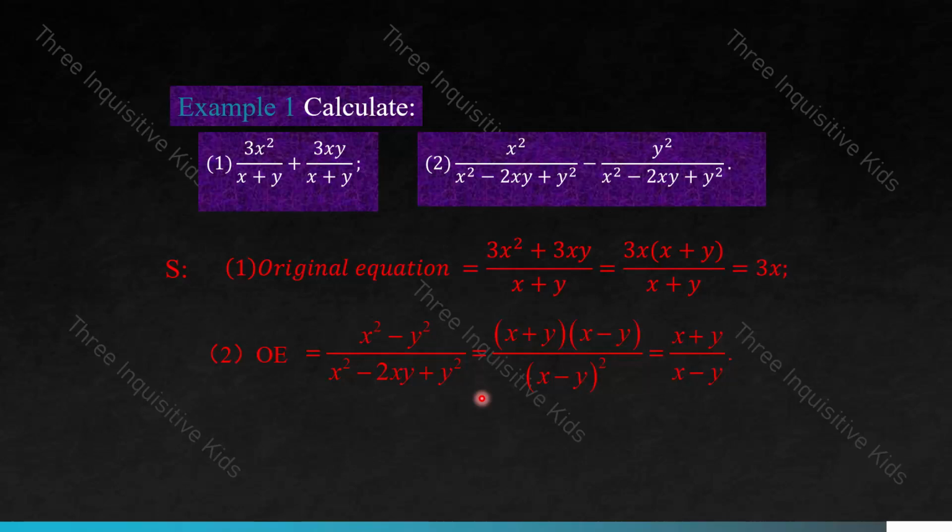On the top, you can apply the square difference formula and turn it into x plus y times x minus y, while on the denominator, you can use the perfect square formula and turn it into x minus y squared. After canceling out x minus y on both the numerator and denominator, you have x plus y over x minus y.